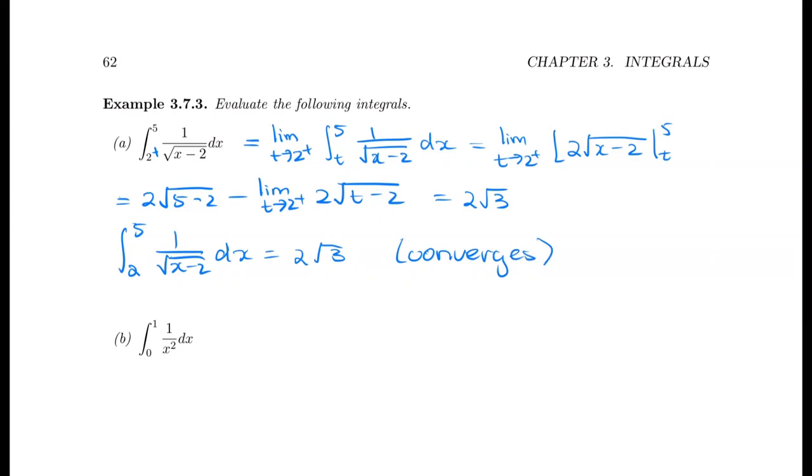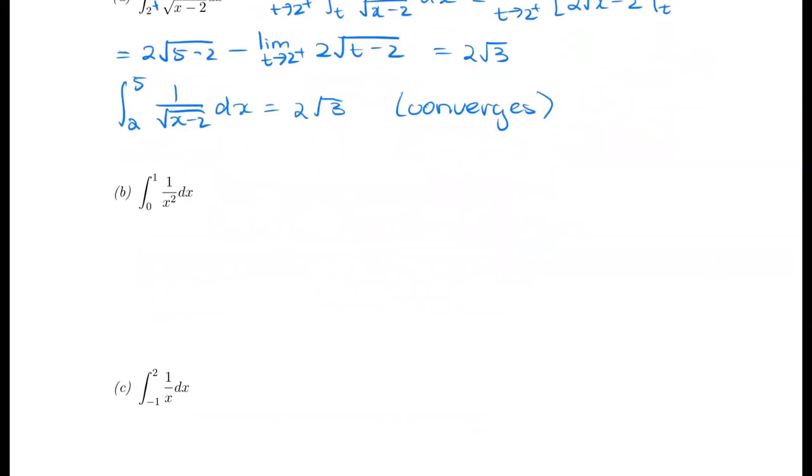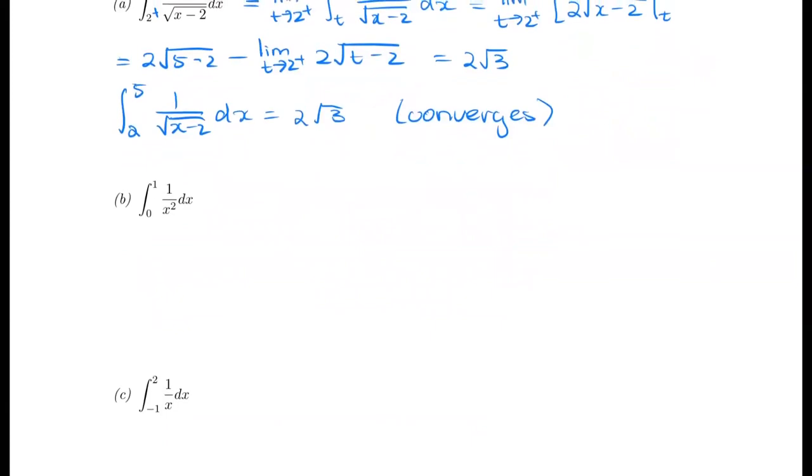Okay, so let's have a look at the second example. We have the integral from 0 to 1 of 1 divided by x squared. Note that at 0 the function is discontinuous there. So we have to evaluate what happens to the right of 0 here.